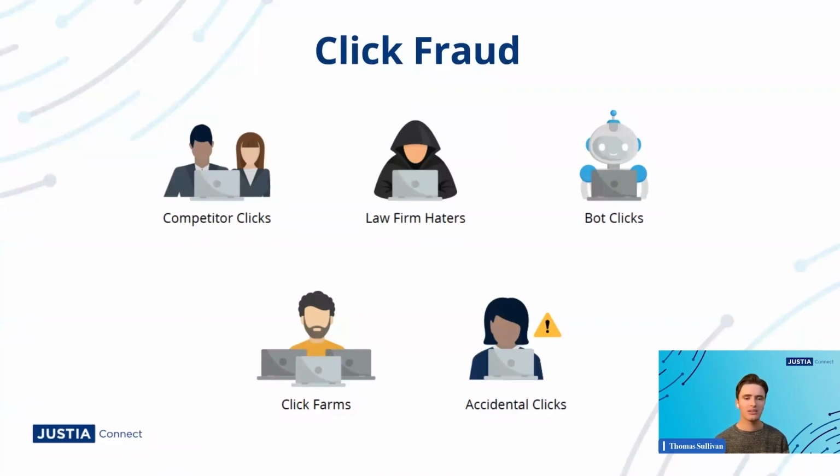That said, we do recommend taking the additional step, going one step further, getting the software. It's just going to help protect you at the end of the day. So we do actually include click fraud detection and prevention for our clients, just again, because it's really important and it's going to help you maximize your return. And ultimately, at the end of the day, that's what we're trying to do. We're trying to help you get the best return possible.